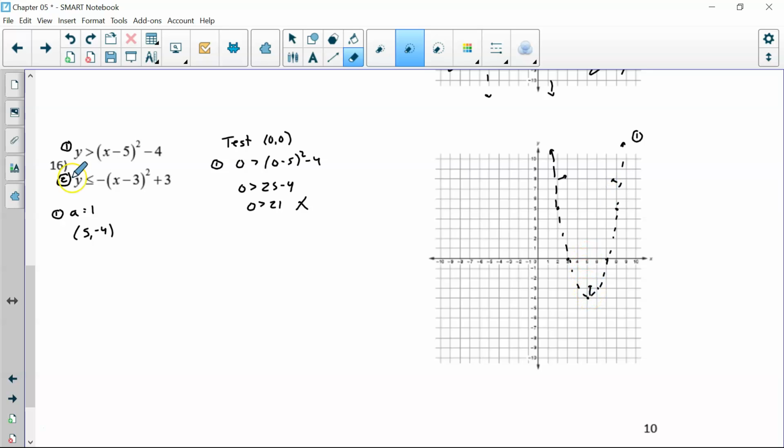Now for the second graph, A is -1. And our H and K, our vertex is at 3, 3. There's 3, 3, and A is -1. So our graph for this is going to look like this.